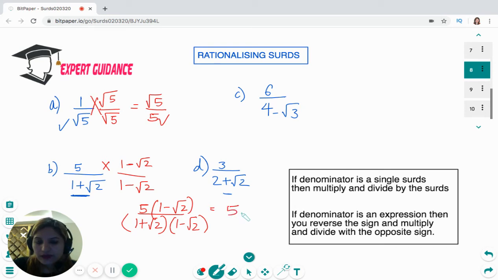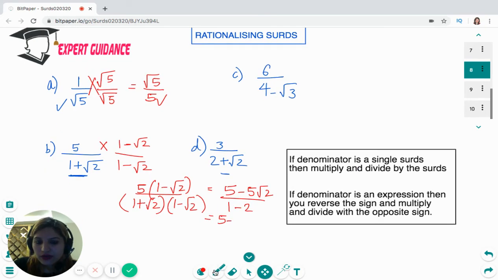This will become 5 minus 5 root 2. And when you expand this bracket, you will get the answer as 1 minus 2, which is minus 1. So your answer would be 5 minus 5 root 2 over minus 1, which can be written as 5 root 2 minus 5 over 1.